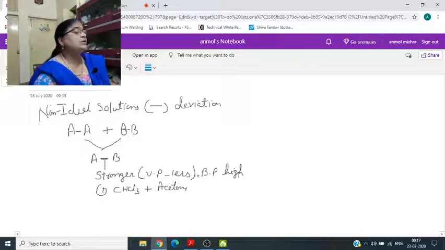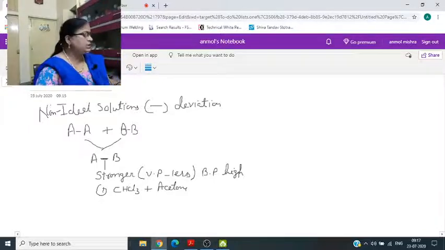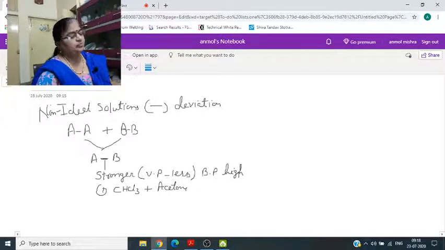Now from here we get one definition, that is azeotropes. What happens is, when two liquids are mixed together, they form an azeotrope, in which the composition in the liquid as well as the vapor phase remains the same.